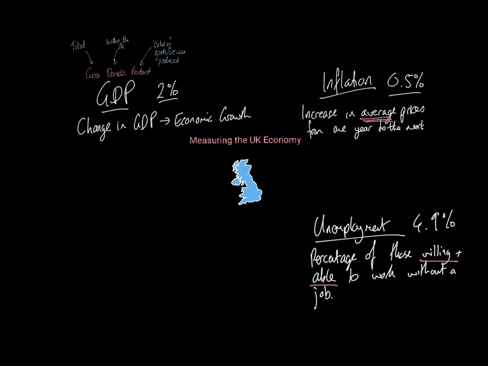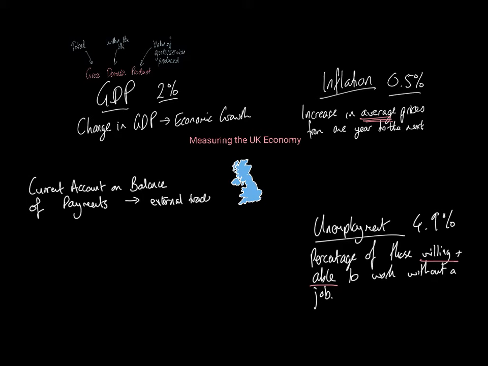So there are some other indicators as well that we would look at. I'm just going to skim through these a little bit more briefly, because we will look at these a little bit more as we go through the course. One of them, if we give it its full title, it sounds very long, but if we consider the current account on balance of payments, this is an indicator which gives us an idea of how well Britain is doing in terms of its external trade.